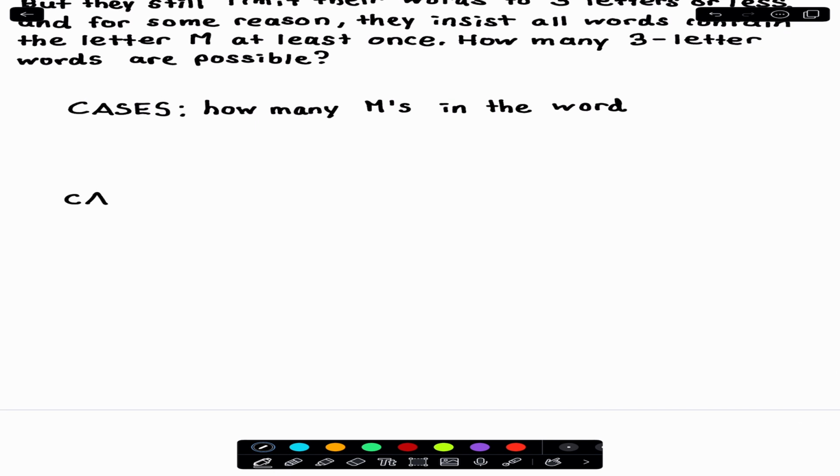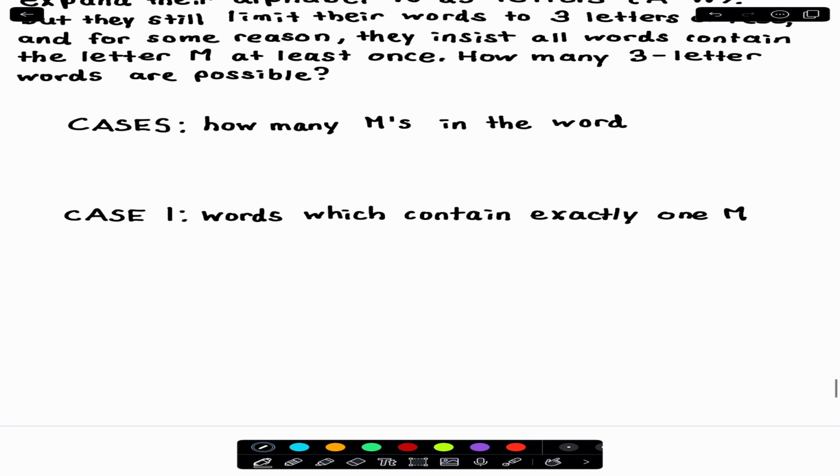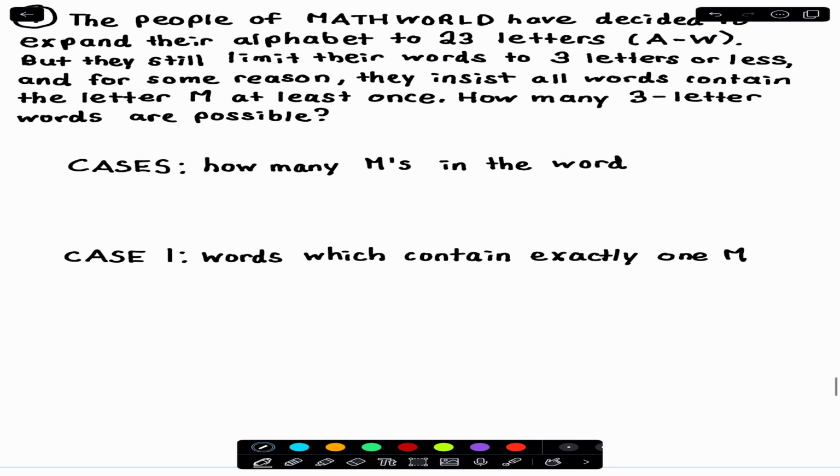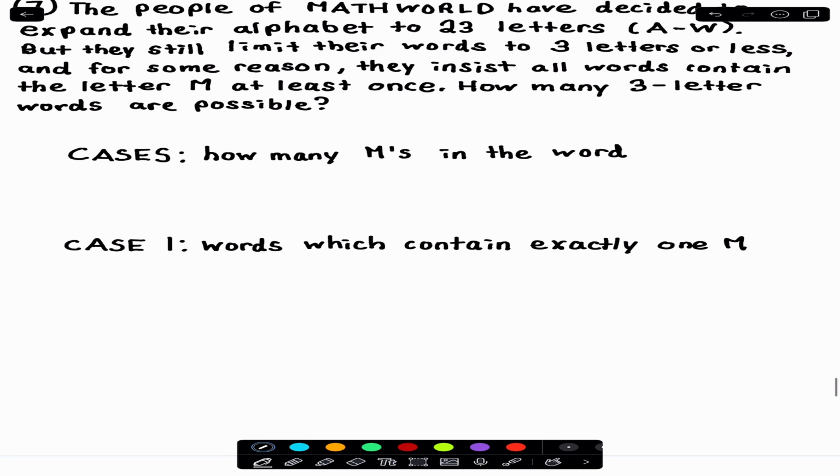So first, case number 1, we can have words which contain exactly 1 M, but as we'll see, this is where the idea of a subcase comes in handy, because now our subcases are going to depend on the position of the M's.